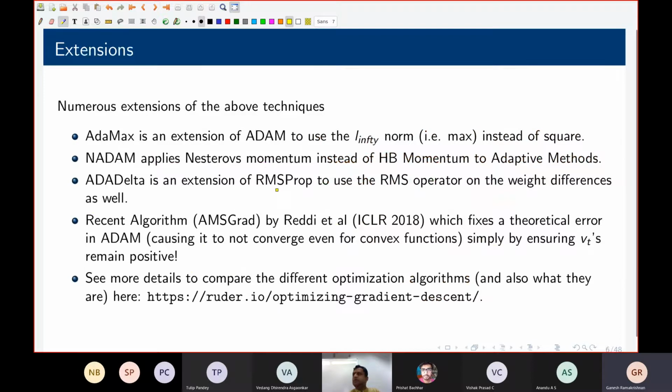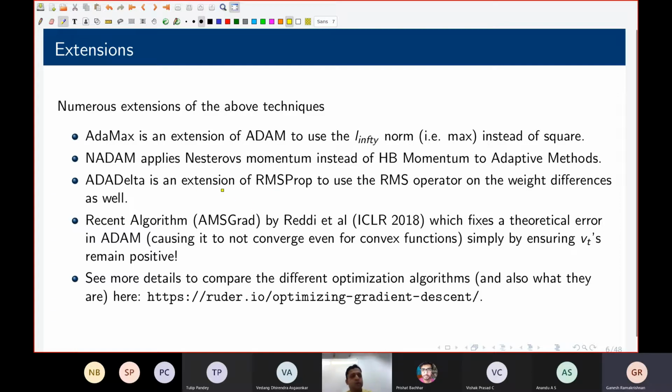What does the squared norm do as against the infinity norm? The squared norm looks at almost all the entries with equal weightage. The infinity norm says I'll look at the max entry. So if you want to be robust to noise, you may want to take the infinity norm. That's one variant.